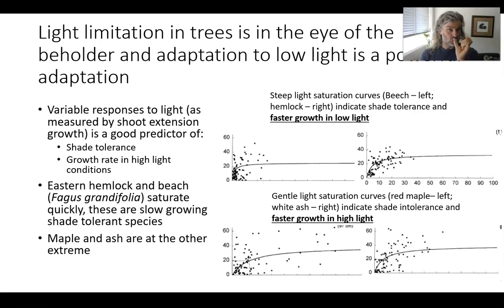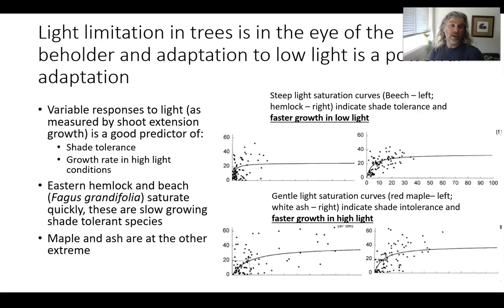High shade tolerance is great for growing in low light, but because it saturates quickly, those plants typically cannot exploit high light environments as well as shade intolerant species. So that's how they both exist. High light environments favor shade intolerant species and vice versa for dark environments.